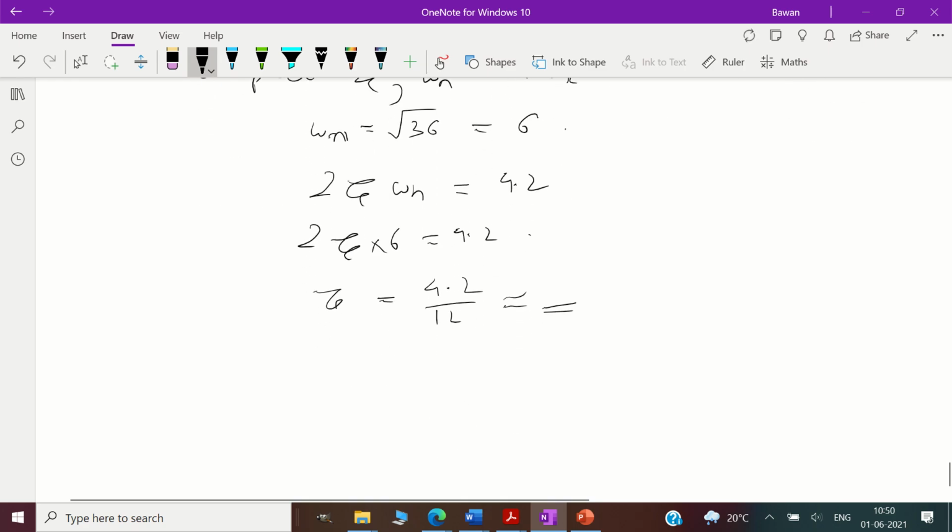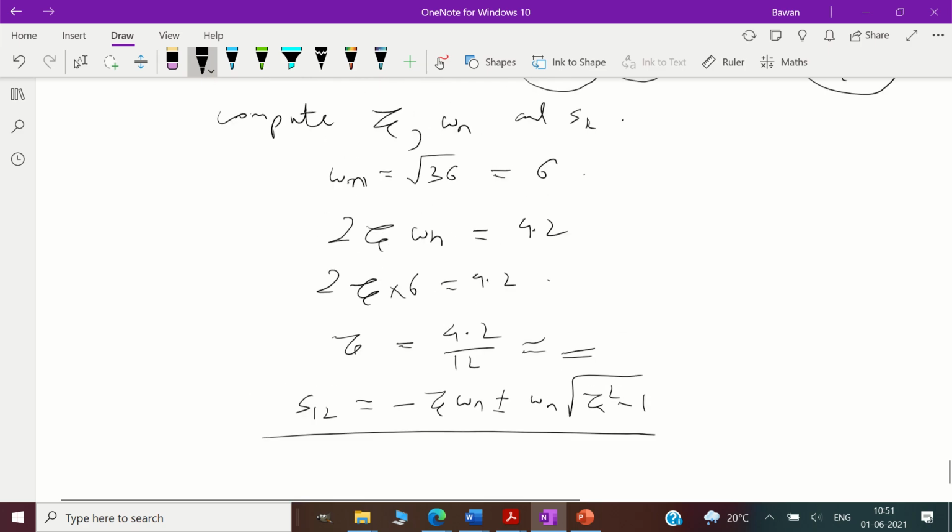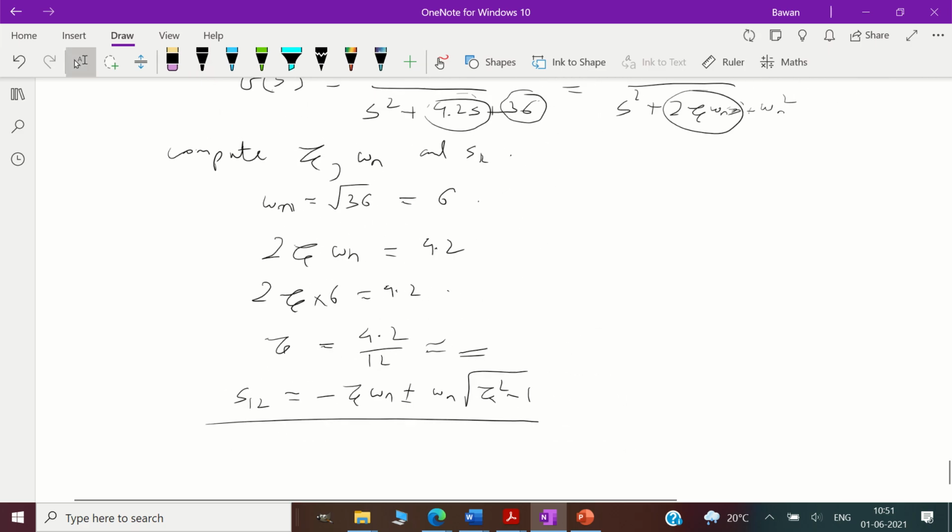And finally, your two roots s1,2 will be given by minus zeta omega n plus minus omega n root over zeta square minus 1. Can you quickly find out this value? I will wait for you all to find out this value. Given this equation, you find out this value.